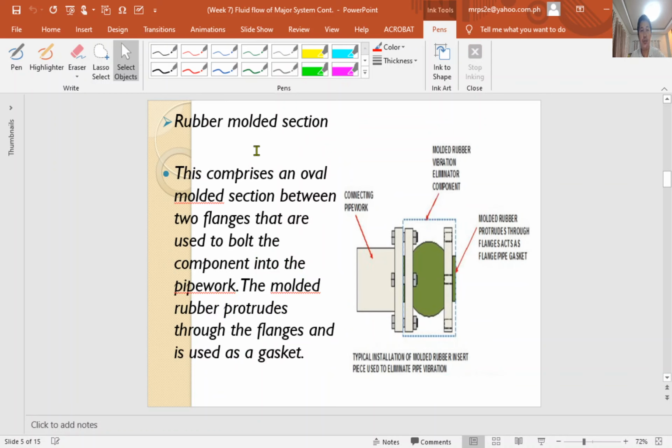So another one, we have here the rubber molded section. This comprises an oval molded section between two flanges that are used to bolt the component into the pipework. The molded rubber protrudes through the flanges and is used as a gasket.